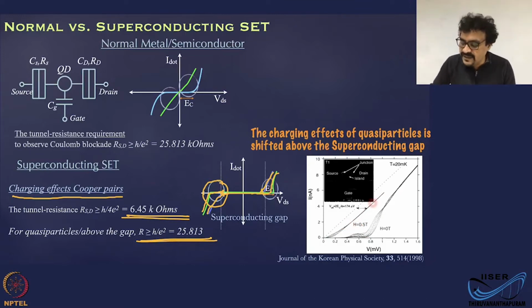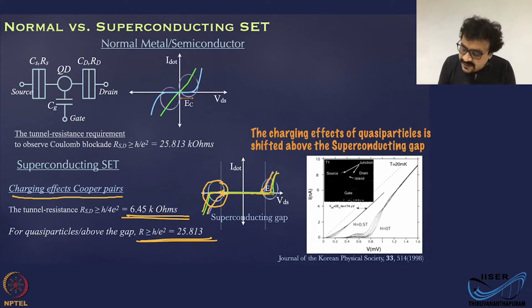When you apply the field, the features associated with Cooper pair transport, these are the Josephson quasi-particle cycle and double Josephson quasi-particle cycle, which are not going to be a part of our discussion, but these features involve sequential tunneling of Cooper pairs and quasi-particles, which are actually signatures of correlated transport involving both electrons and Cooper pairs.